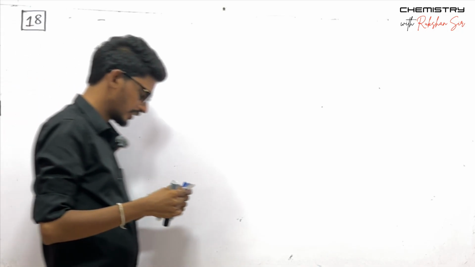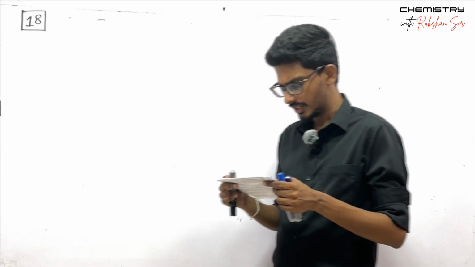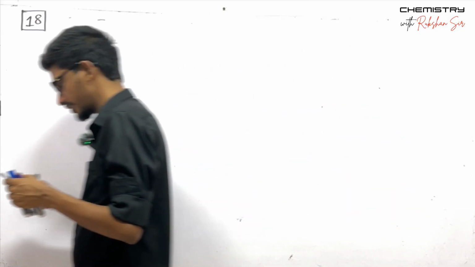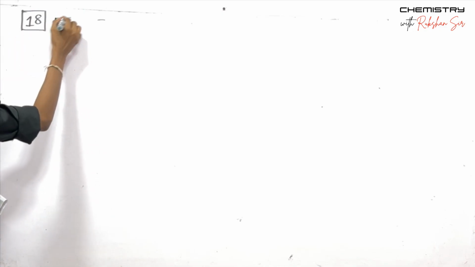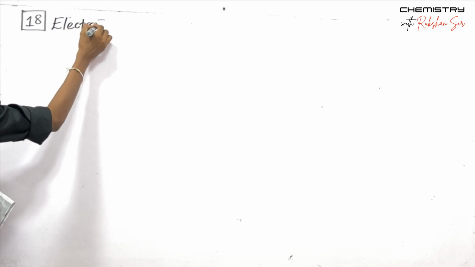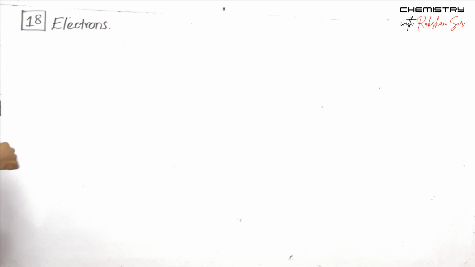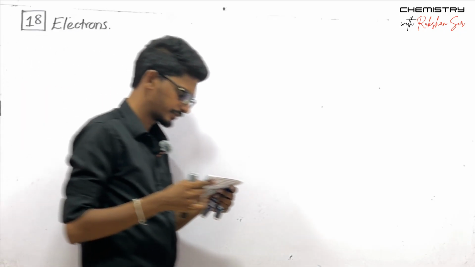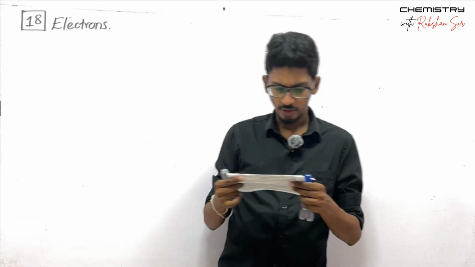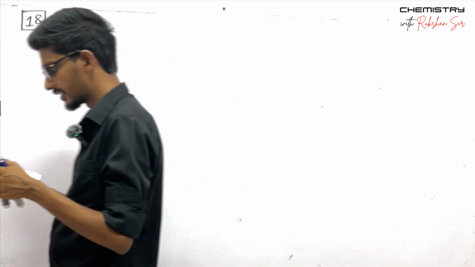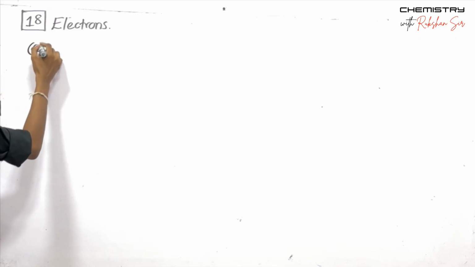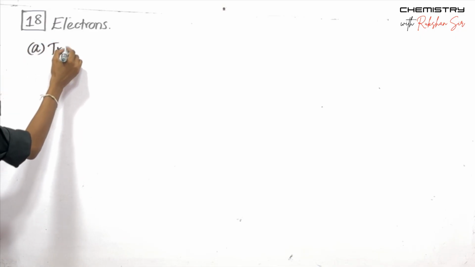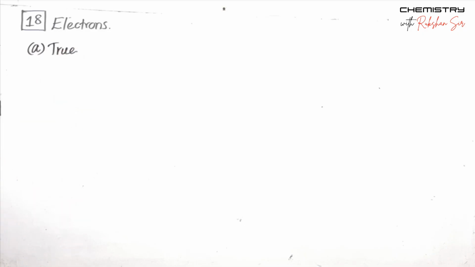See what they are saying. Which of the following statement or statements concerning electrons is or are true? This is all about electrons. See what it says. Electrons tend to move in a curved path in a magnetic field. Yes, that is true.